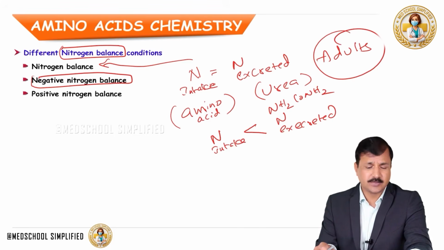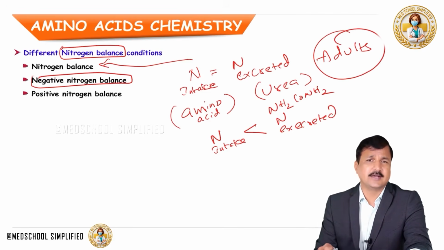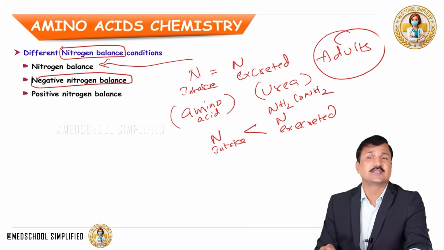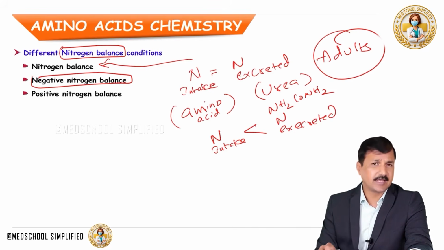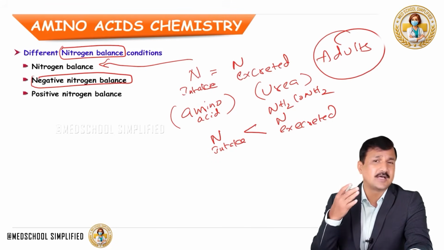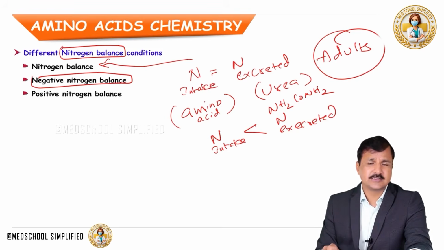That can also put somebody under negative nitrogen balance, because muscle proteins are undergoing degradation in chronic diseases. So starvation, chronic diseases, any stressful events, a road traffic accident where muscle injuries happened, that type of thing will put somebody under negative nitrogen balance. And even the absence of essential amino acids that have to be taken in our diet may lead to negative nitrogen balance.